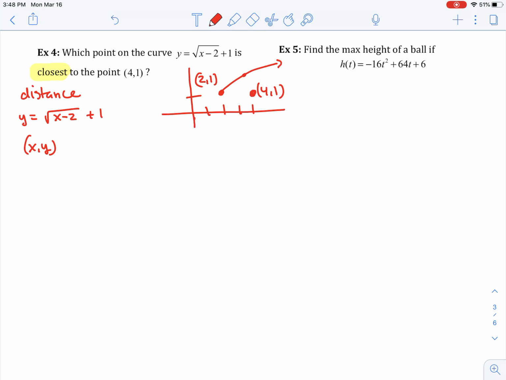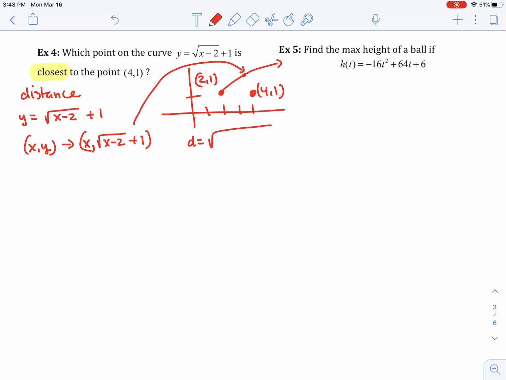There's a ton of (x, y) points, but because (x, y) could be on any graph, we want to be a little more specific. So instead of (x, y), any point that's on the graph would be (x, square root of x minus 2 plus 1). That's how we would represent all points that are on that particular graph. They would have that general form. So if we want to know which point on that graph is closest, then we should be doing distance.